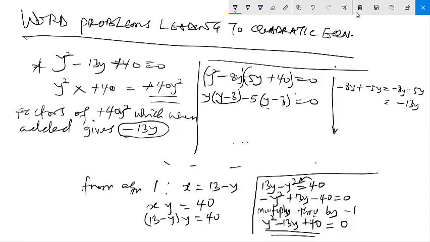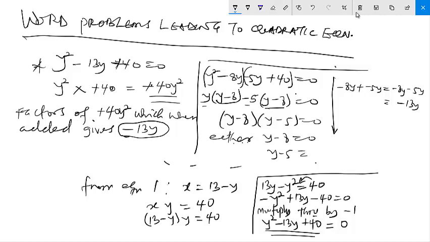Y minus 8 is common in both. So you pick one, y minus 8. Then you now pick your y minus 5. This is y minus 5 equals 0. From our previous knowledge of quadratic equation, we say either y minus 8 equals 0 or y minus 5 equals 0, whichever one we're picking.